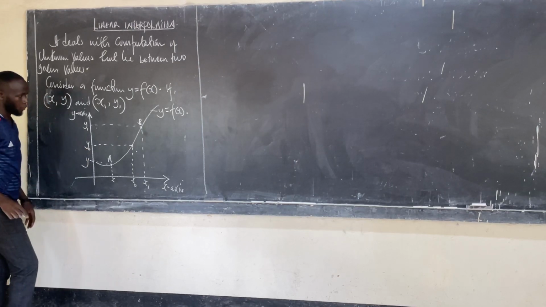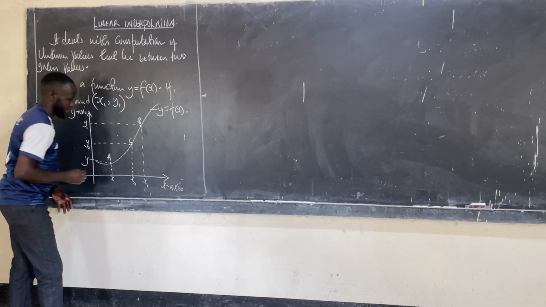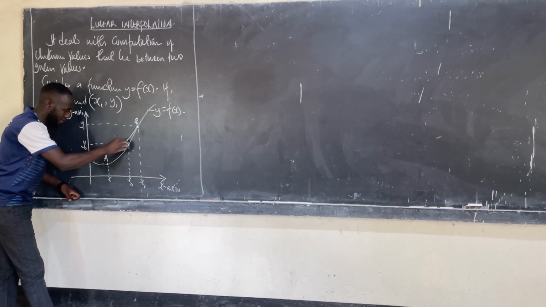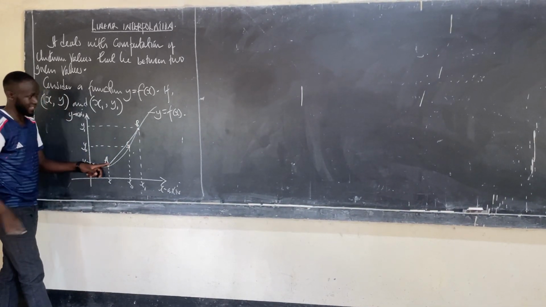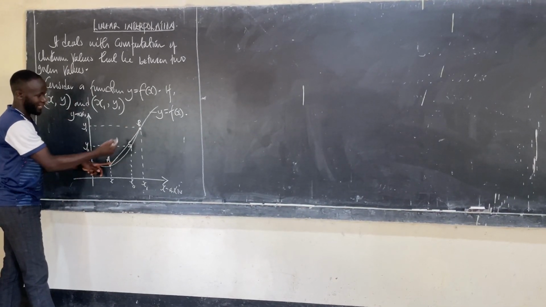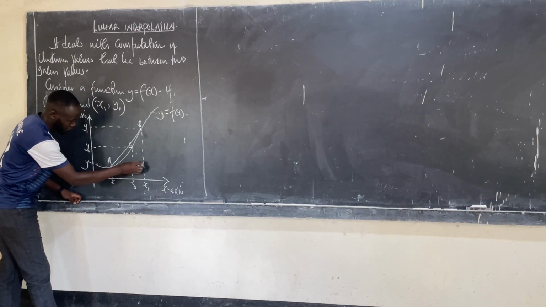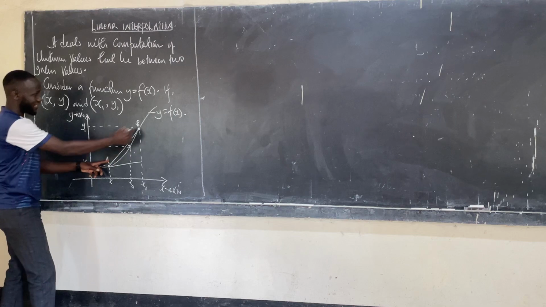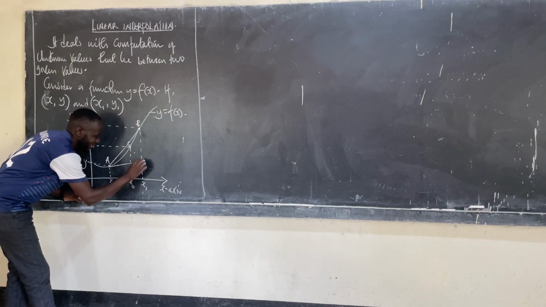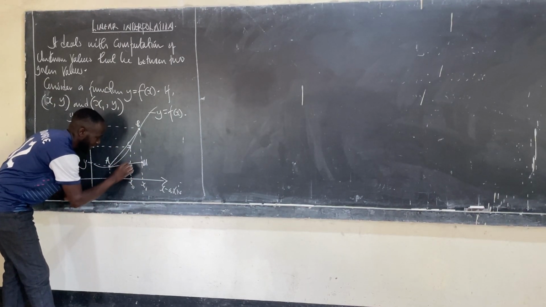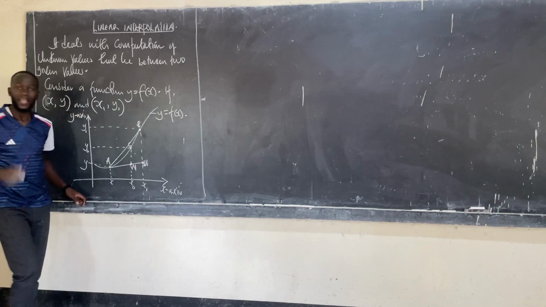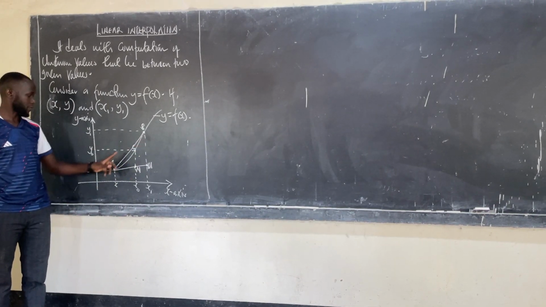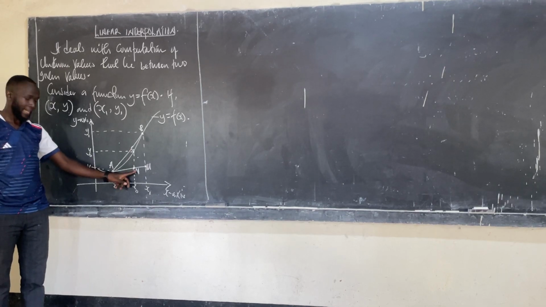If you label this one maybe C, and you join these two points and also join this side, you can create a triangle. Do you see this triangle? If you name this one point M, and this one point N, now we have triangle AMB and triangle ACN.